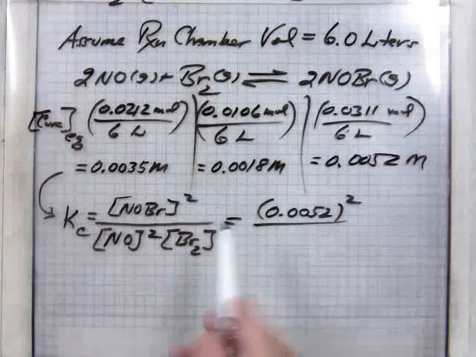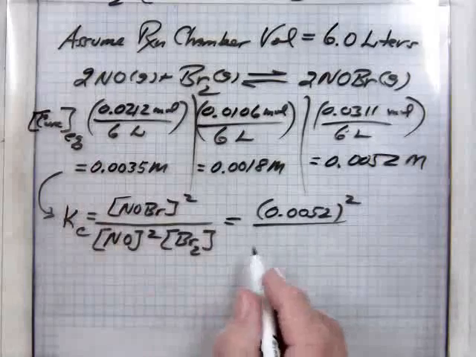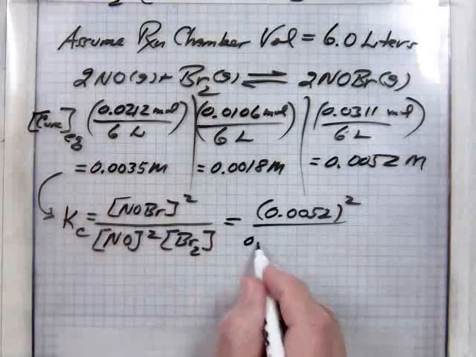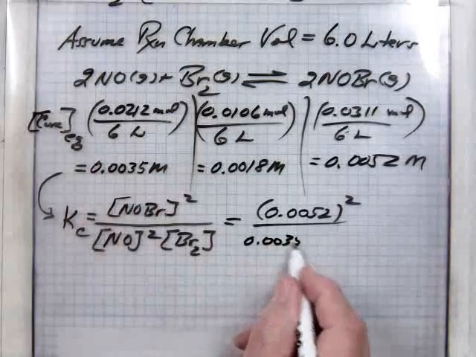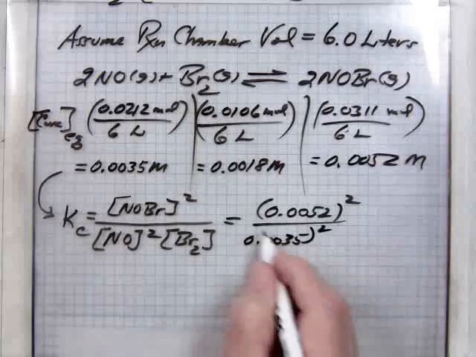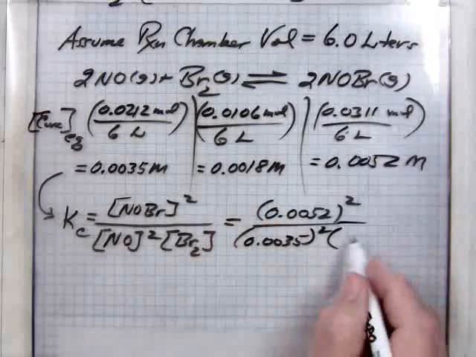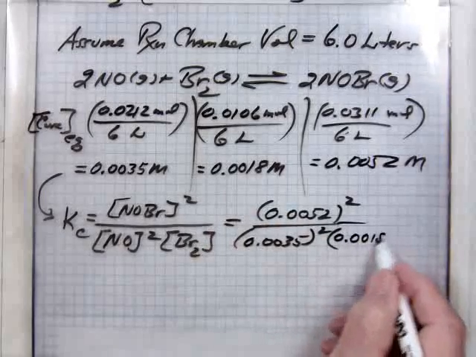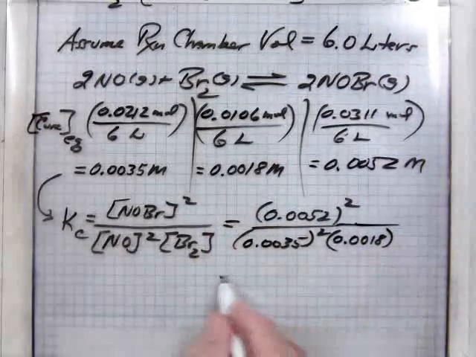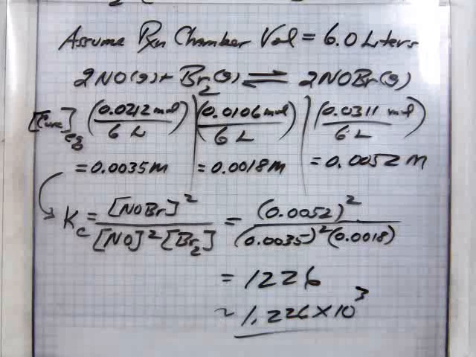And so the NO squared would be 0.0035 molar squared, and that's divided by 0.0018 to the first power. Y'all back me up on that. Okay.